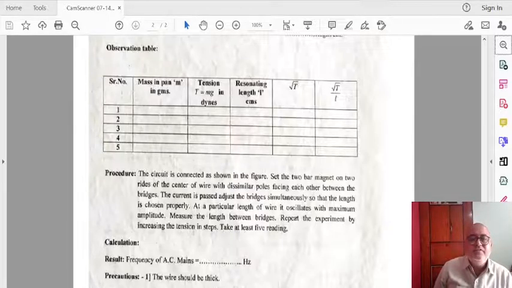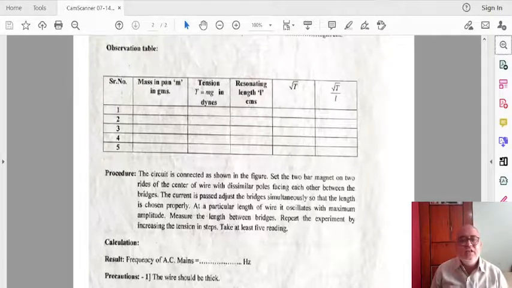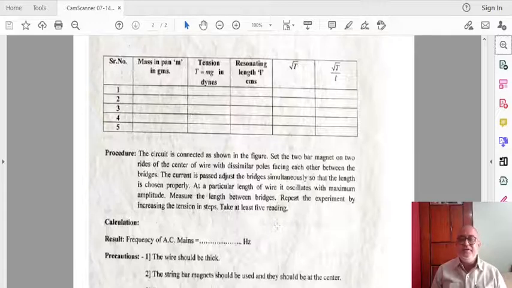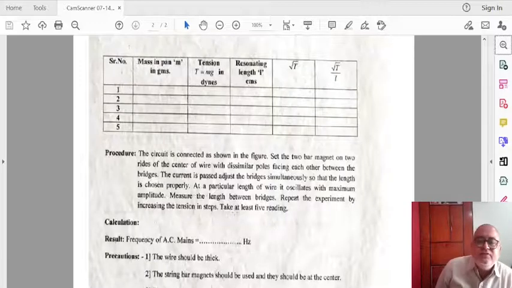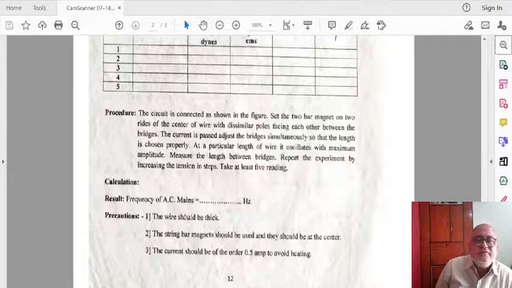And between the bridges, the current is passed and the bridges are adjusted simultaneously, so that the length is chosen properly. At a particular length of wire, it oscillates with maximum amplitude. Then measure the length between the bridges. Repeat the experiment by increasing the tension in steps and take at least 5 readings, by which you will get the result.